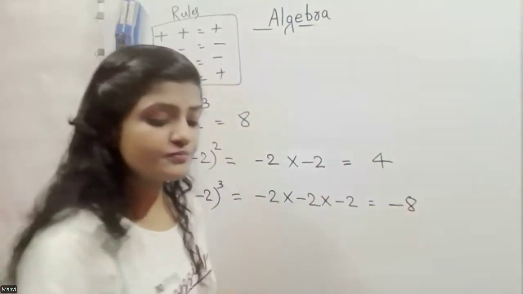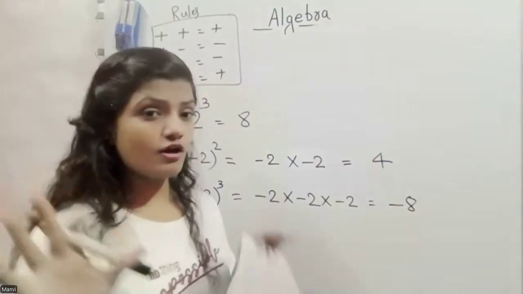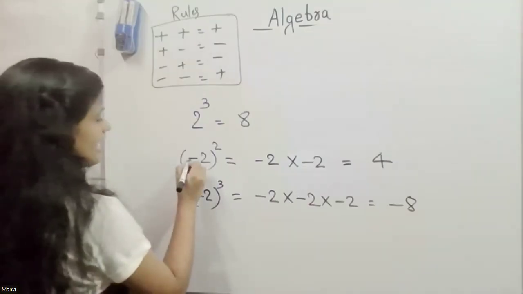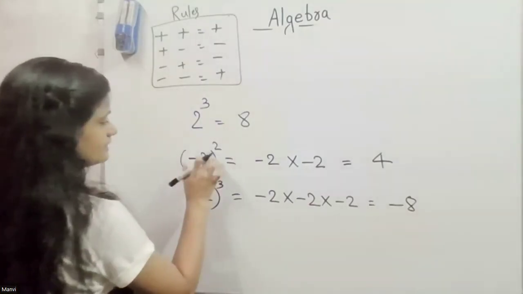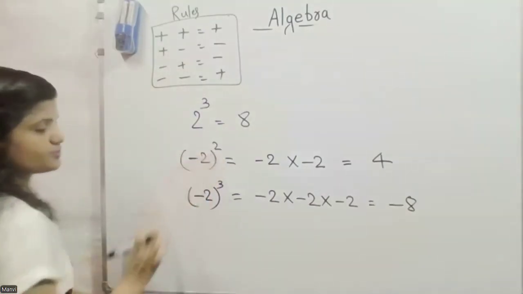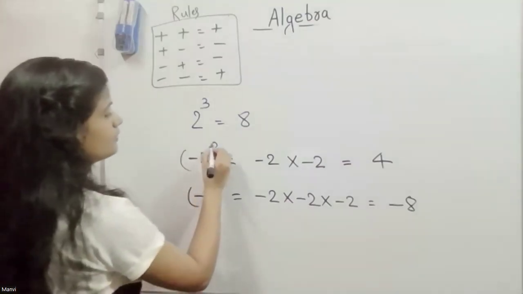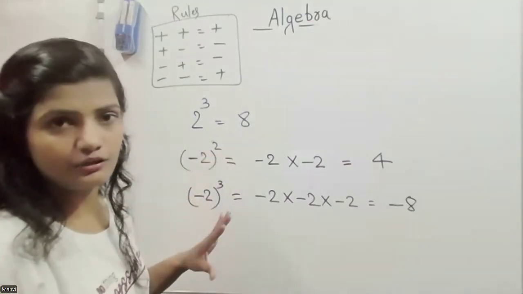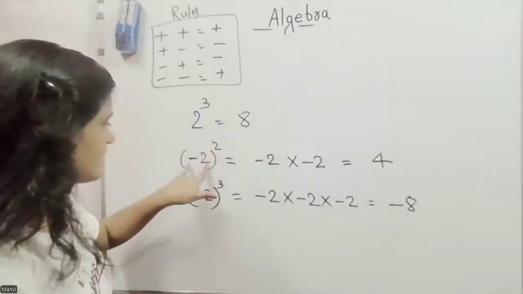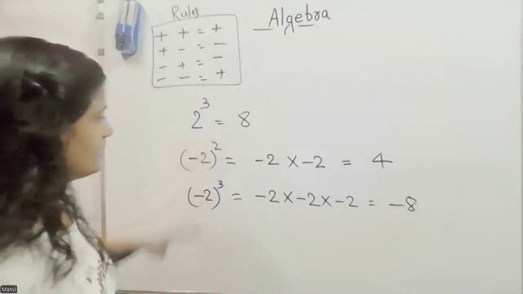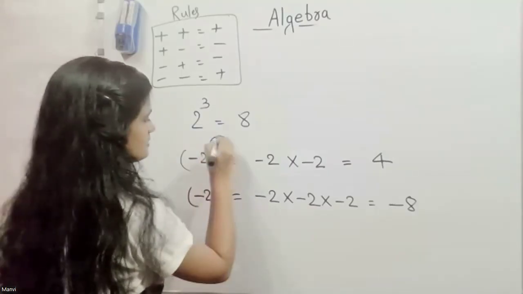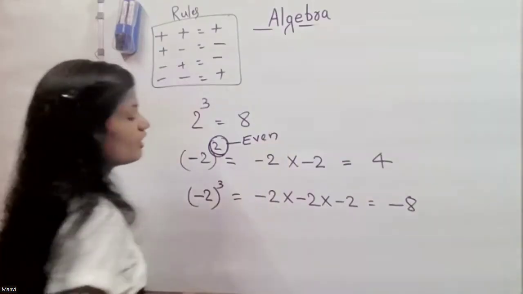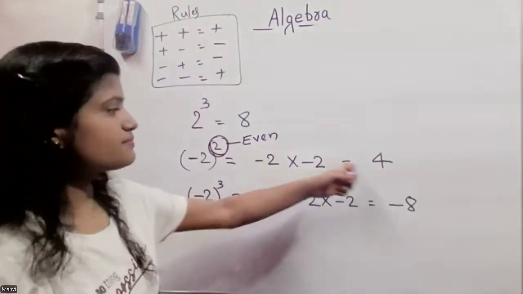So here we discover a logic. Whenever we have a minus inside this square root or inside this bracket, and we have some power raised, some index, and we need to find that value, then if the power is even, our answer is always positive.